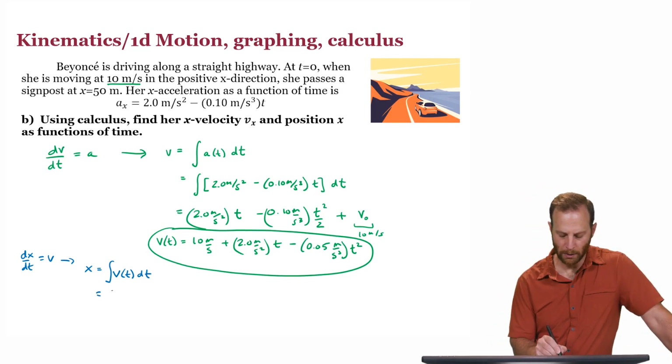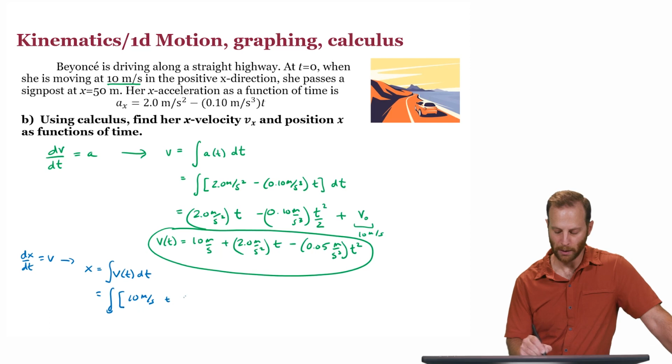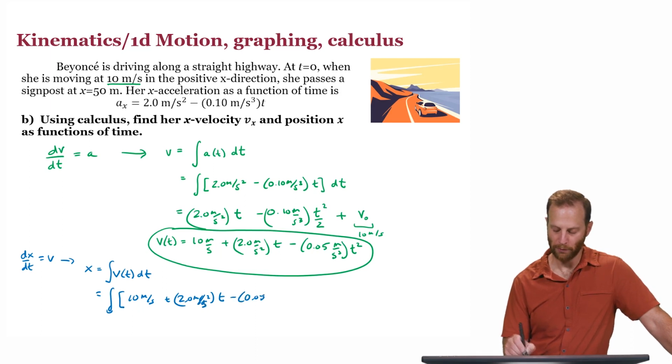We'd have to stick inside this integral the expression that we just found, 10 meters per second plus 2 meters per second squared t minus 0.05 meters per second cubed t squared. Integrate that dt.